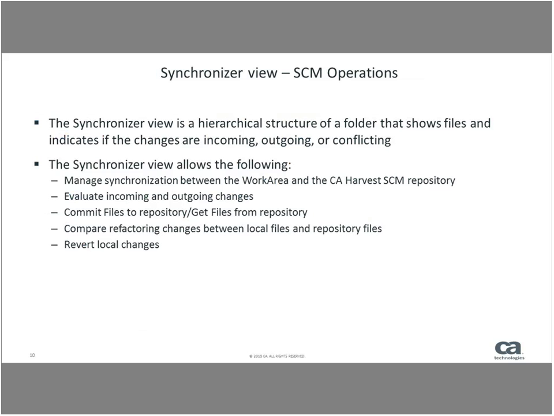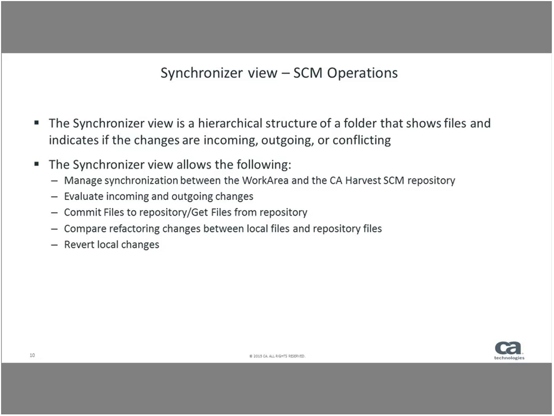So what is the synchronization view and what SCM operations are supported from it? The synchronization view is a hierarchical structure of a folder that shows files and indicates if they are incoming, outgoing, or conflicting. I'll give more idea on these modes during the demo. For now, you can think of the synchronization view as a subset of the work area view where we only have the files which are modified.